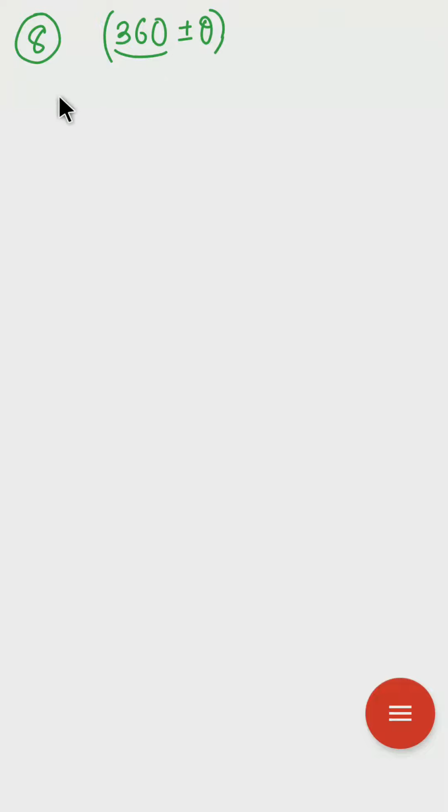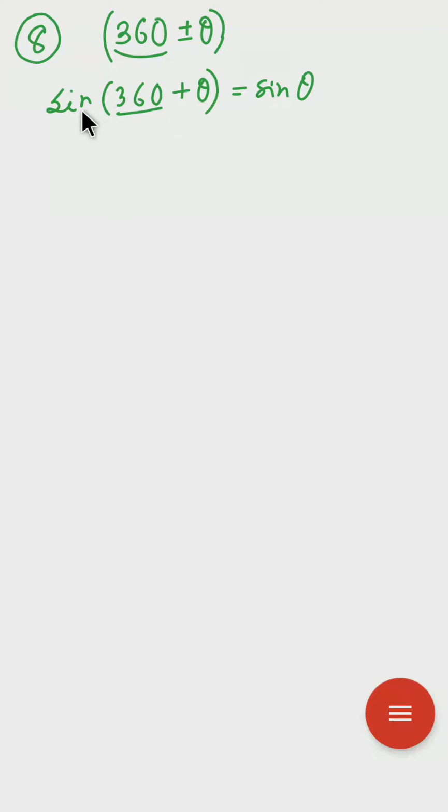Like if I write sine of 360 plus theta, we can just neglect the 360 degree and consider this to be sine of theta only. So this comes as sine theta.